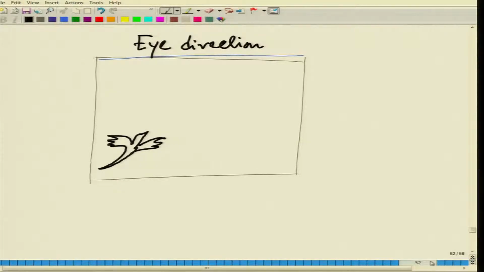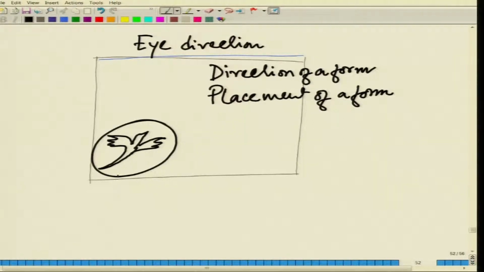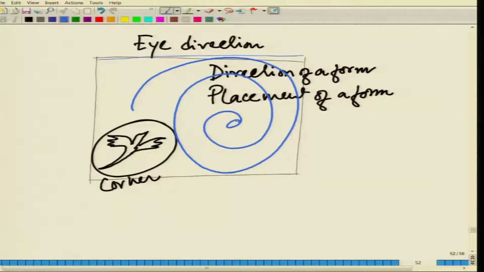Stability also depends on other factors like the direction of the form, placement of a form. Just because this form is placed at one corner, it is getting a whole lot of visual space to move. So, it gives us a feel as if the form is going to have more space to move.